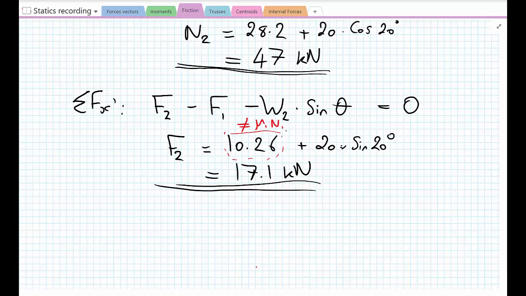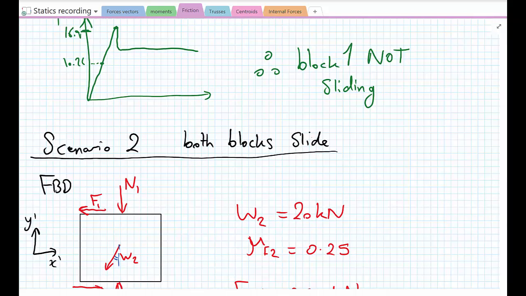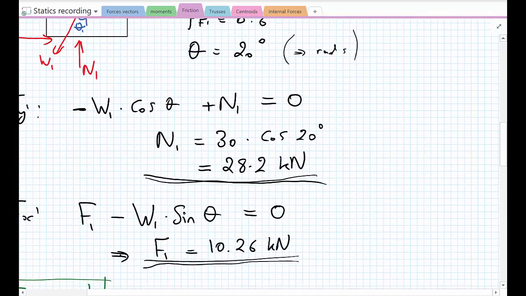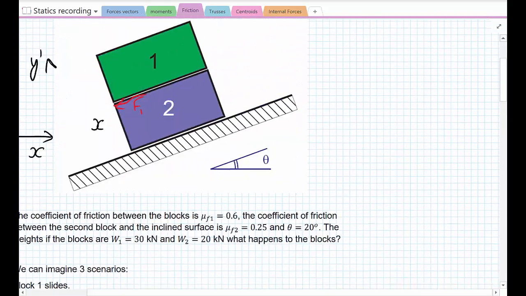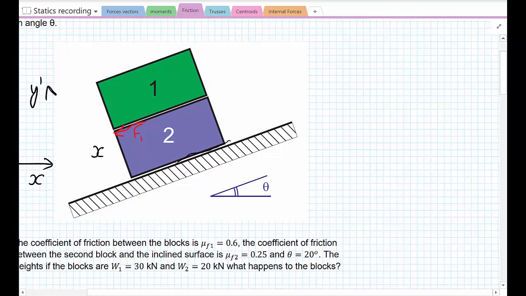Okay, so now we have a value for what F2 is. What we need to now calculate is the maximum friction that we could possibly generate along this surface. So along here, what is the limiting friction value F max 2?